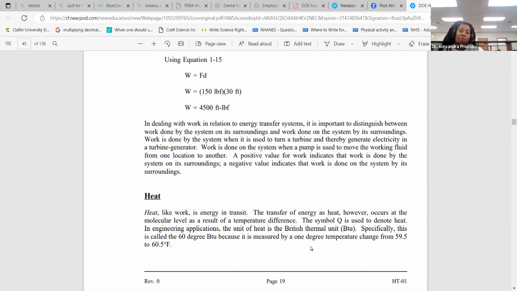Sometimes you'll see capital Q, sometimes lowercase q. For engineers, the British thermal unit, or BTU, is the unit for heat. Specifically, this is called the 60-degree BTU because it's measured by a 1 degree temperature change from 59.5 to 60.5.